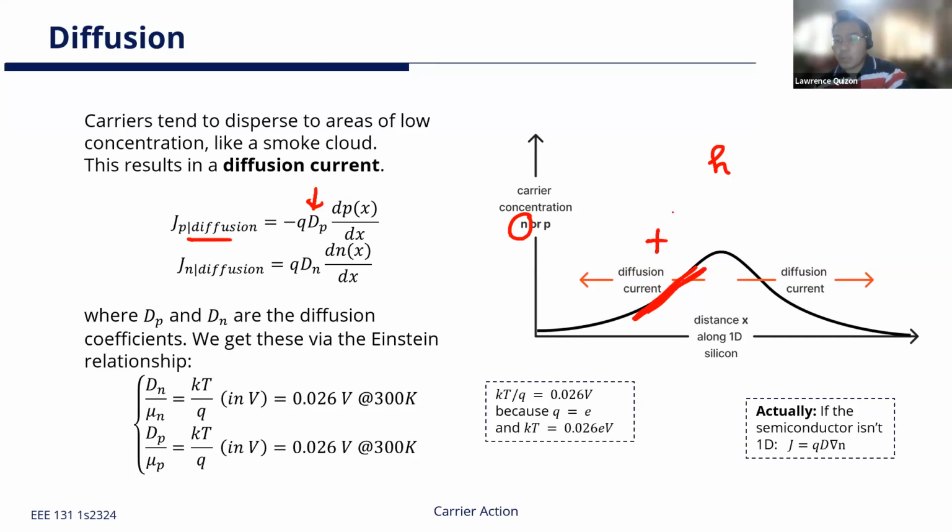And according to the positive slope, the holes would move in the negative x direction. So then, negative dp over dx, no? So dp over dx ang direction of movement, no? Times q Dp, and you have the diffusion current, no?